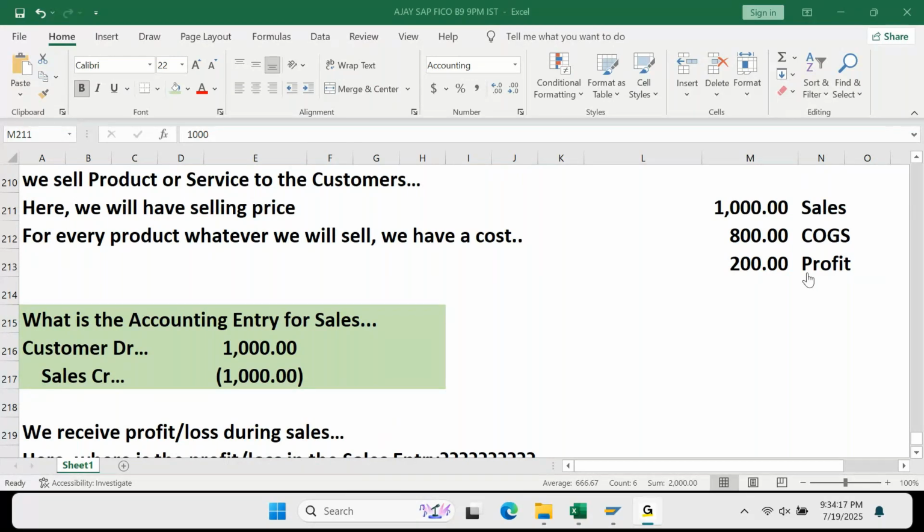If you are not able to understand, are you able to convince me, or anybody, or yourself how you will show the 200 profit in the sale?